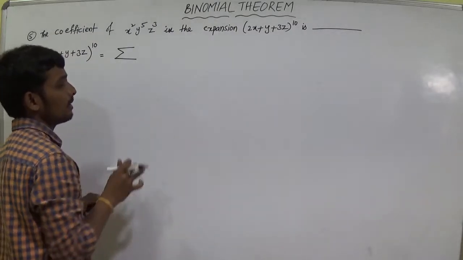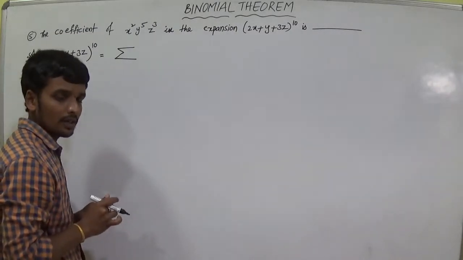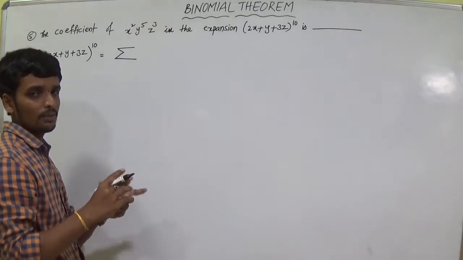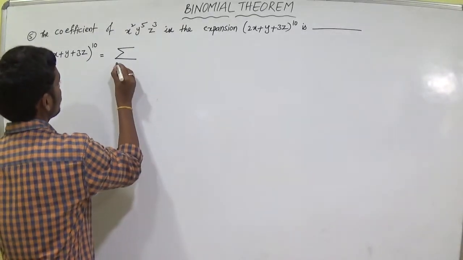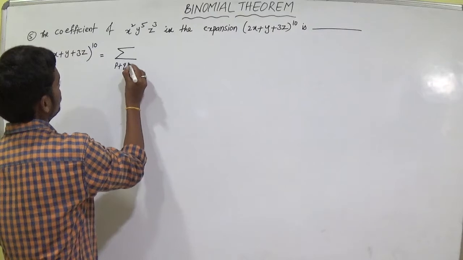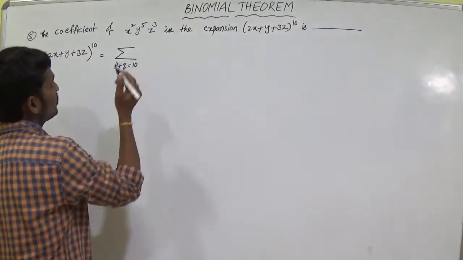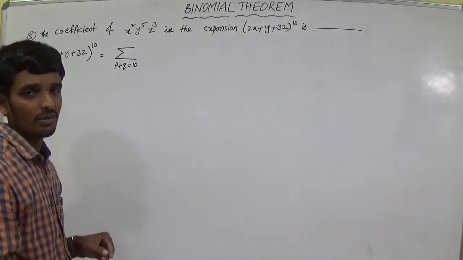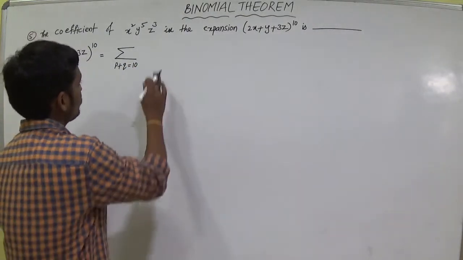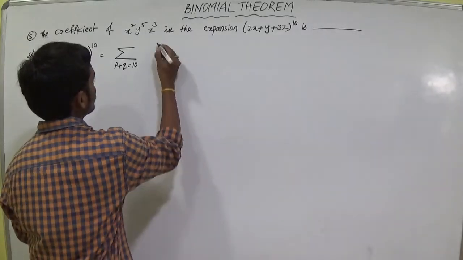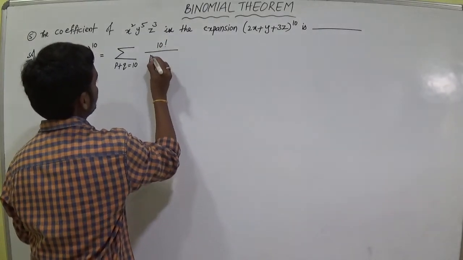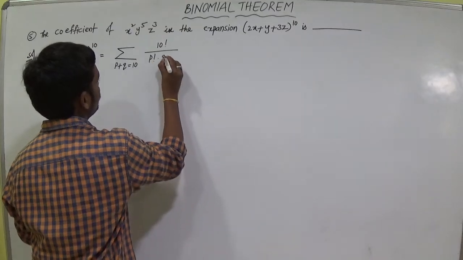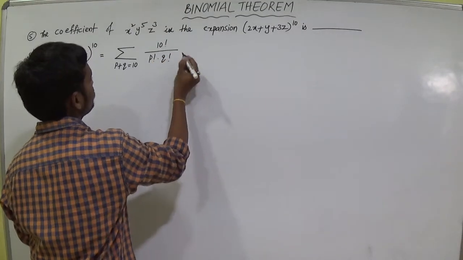Actually I explained R1 and R2. Otherwise you can use different letters, either P, Q, R, S. I am using P, Q. So P plus Q is equal to 10. If you can't understand P, Q, you can write R1 and R2. That is also okay. Now n factorial means 10 factorial by P factorial into Q factorial.